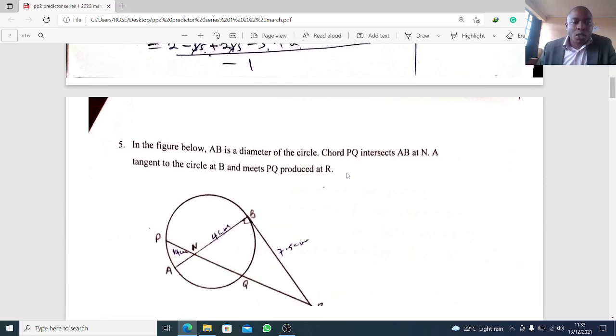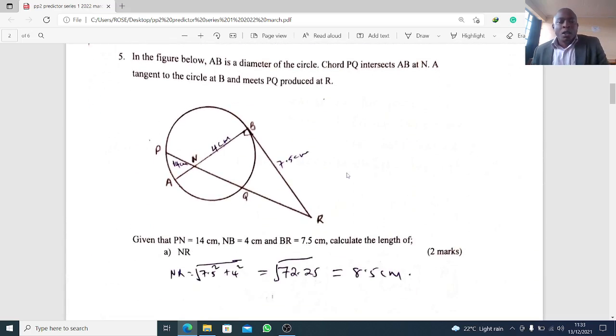The next question is a question on circles and chords. So that is a Form 3 topic. It is likely to appear this year.